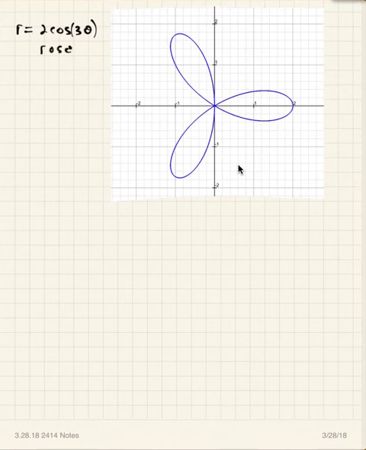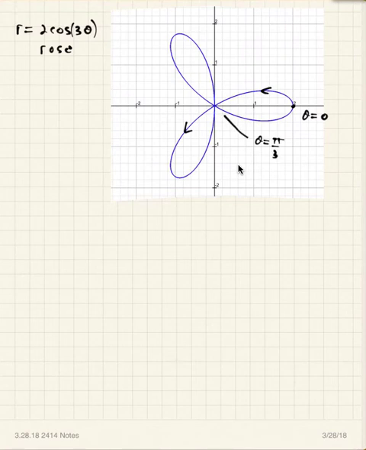And if you think about theta being equal to 0, when theta is 0, you get r to be 2. And this rose curve, if you look at the orientation, I've got it on the screen here with the arrows. And the curve starts here. It starts when theta is 0, right? Theta is equal to 0 right here. And then when theta is pi over 3, you're at the pole.